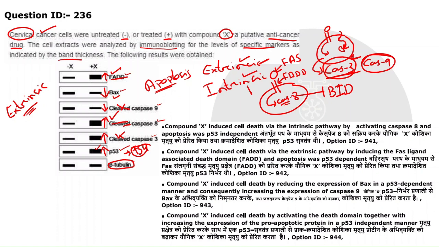And this BID interacts with two proteins, BAX and BAK. BAX and BAK are from the BCL2 family. We know they are released from mitochondria, from the BCL2 family.